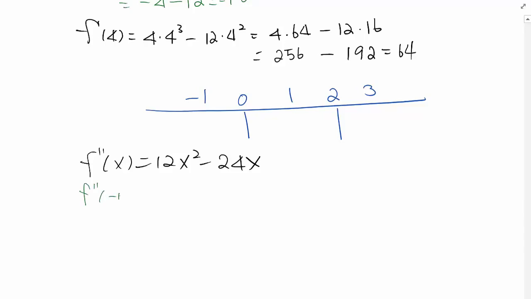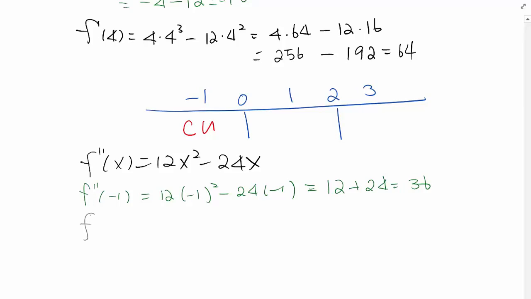f double prime of negative 1 equals 12 times negative 1 squared minus 24 times negative 1. So it becomes 12 plus 24, which means 36. So this interval is concave up. Okay, now you know what, I'm going to write concave up because it may be confusing. Now 1, so f double prime of 1 equals 12 times 1 squared minus 24 times 1, which means 12 minus 24 equals negative 12, which means on this interval it's concave down here.